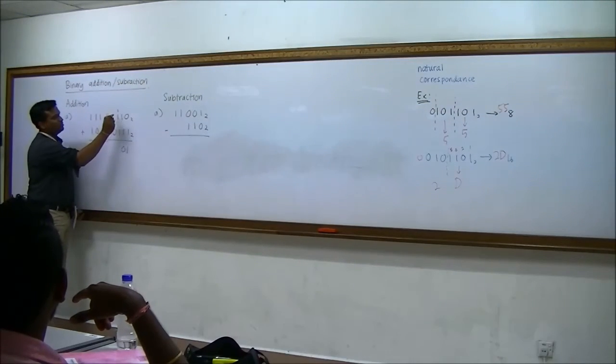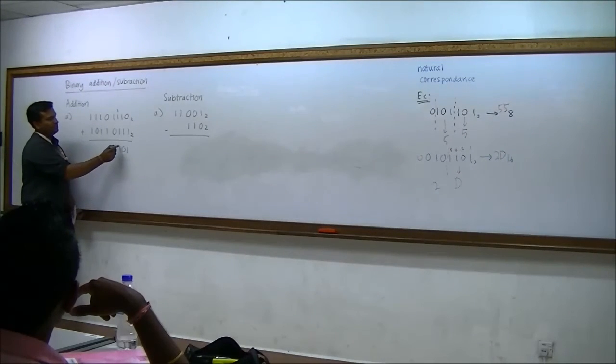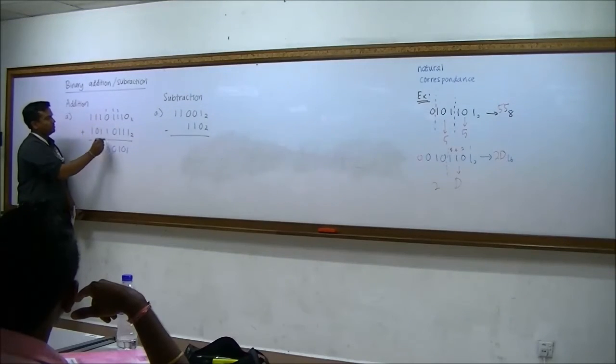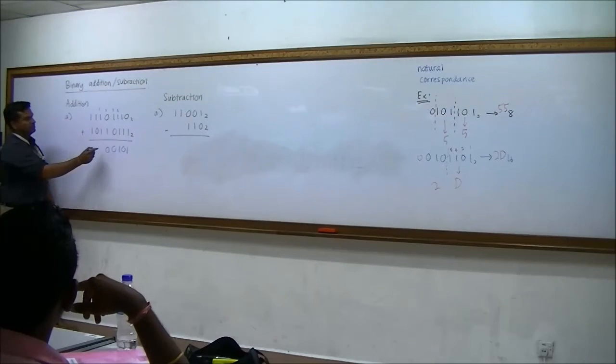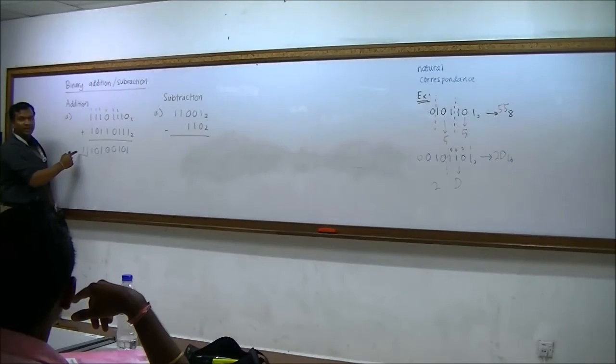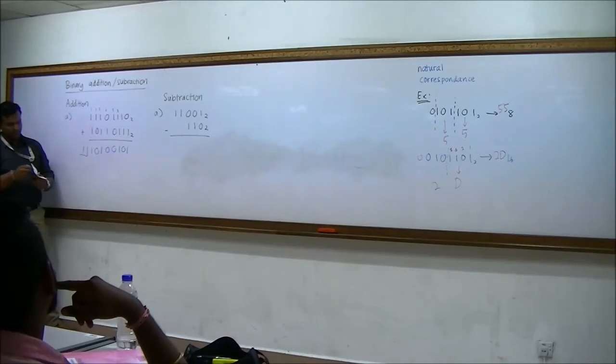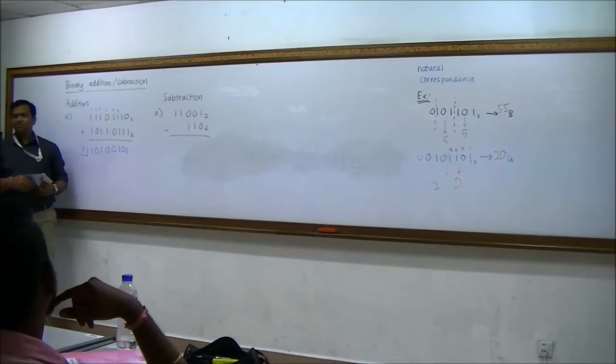How do you get this one? You get 3. 1 1 is actually 3. This one is 2. This one? You get 3. You get 2. You get 3. So this is carry, this is addition. Is it okay? It's quite easy, right? It's just to go through only.